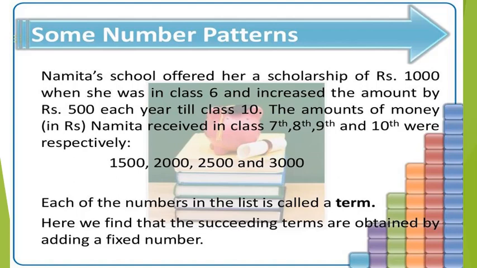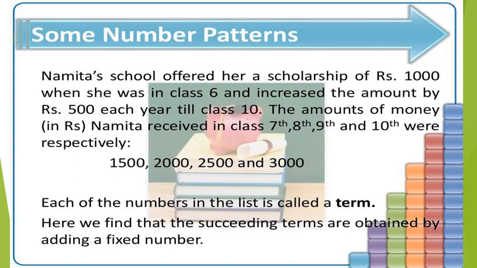So basically when she was in class 6th, she received a scholarship of rupees 1000 and the amount increased by rupees 500. So in the 7th class, she received a scholarship of rupees 1500 and in the 8th class 2000. It's basically an addition of 500 every year. Fine.